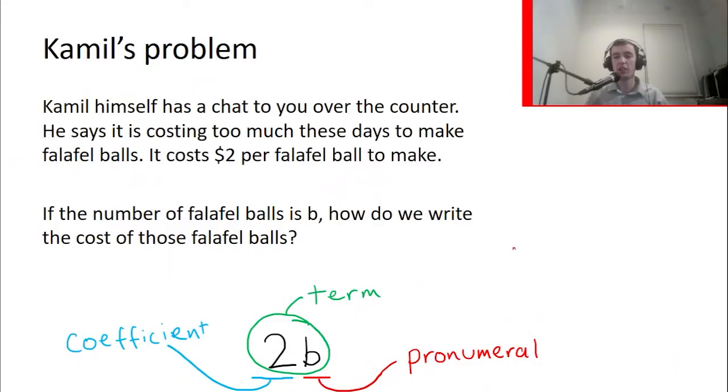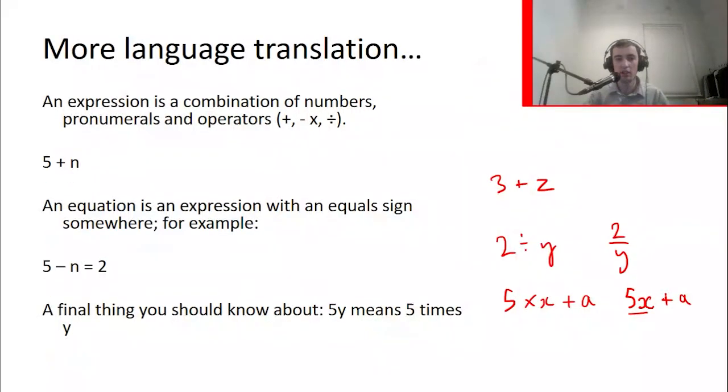Hi everyone, in this video I am going to introduce you to equations. So if you remember, in the previous video we talked about expressions. We did talk about equations very quickly.